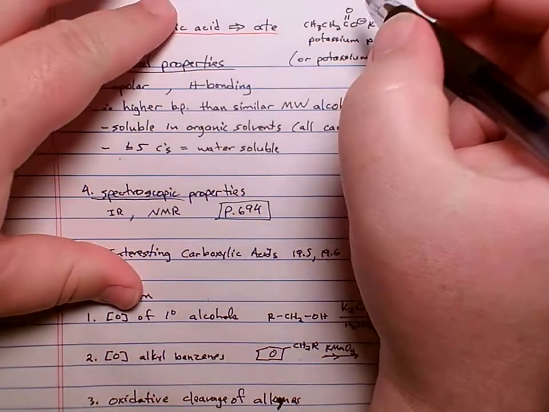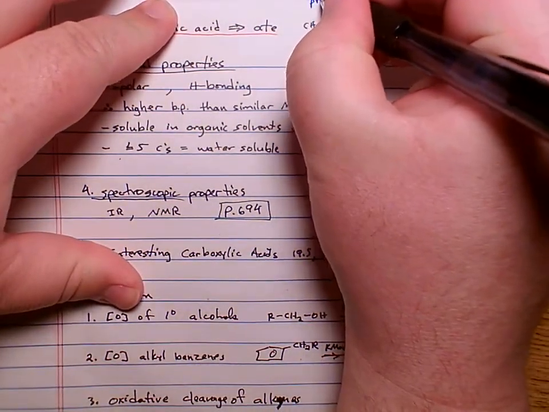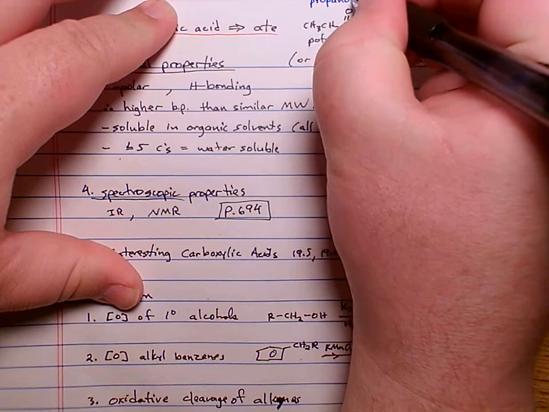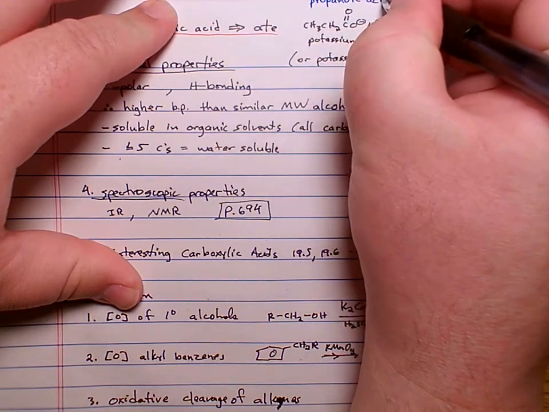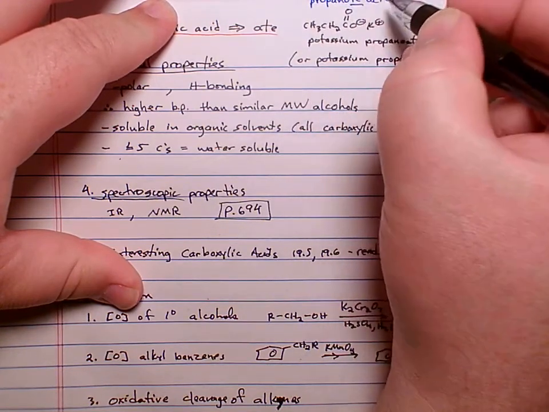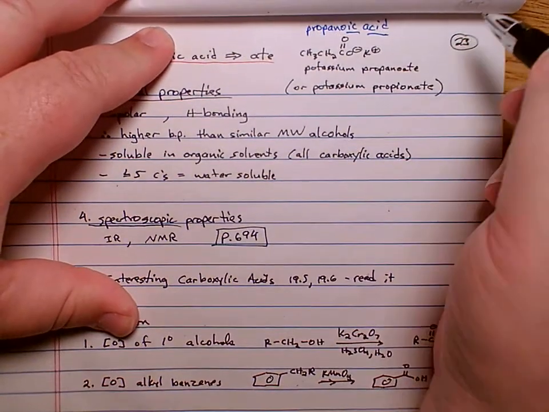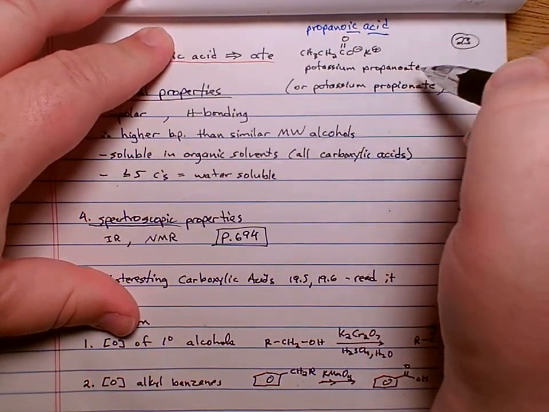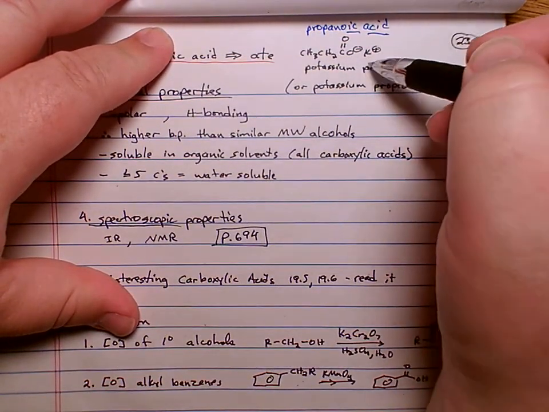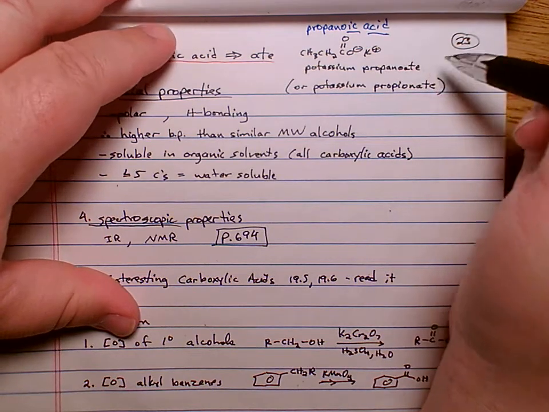Make sure we got this right. If it was the acid, it would be propanoic acid. We drop the -ic acid and add -ate, so that's propanoate, potassium propanoate.